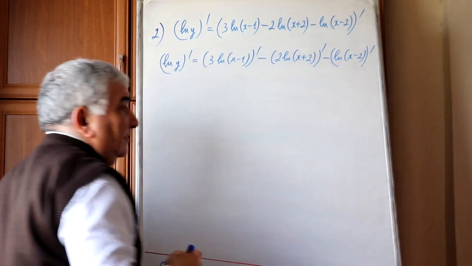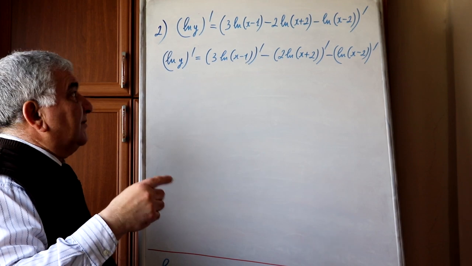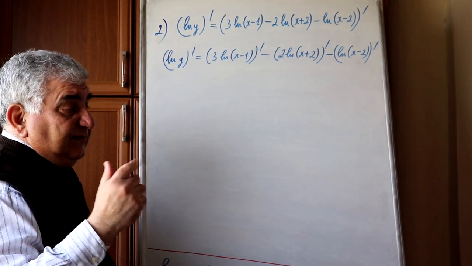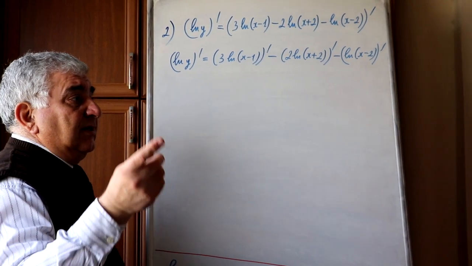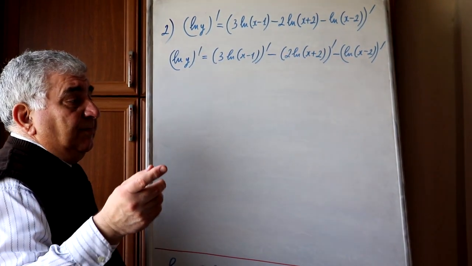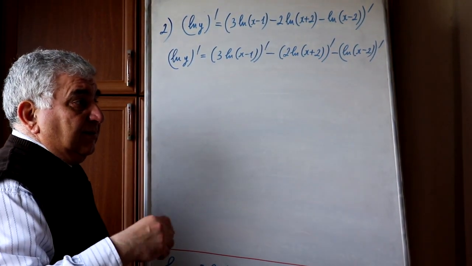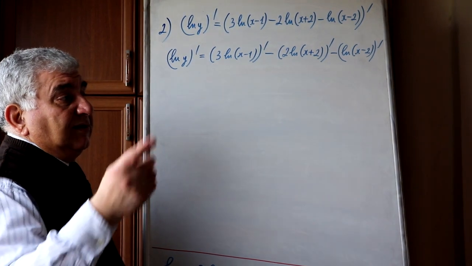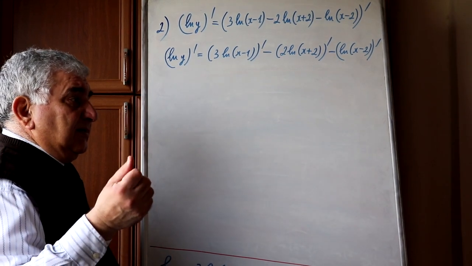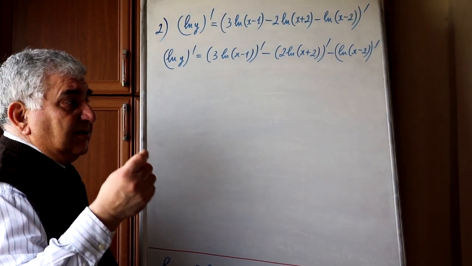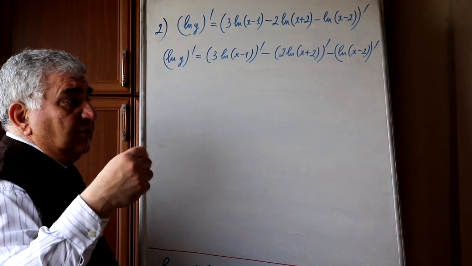Then also you know that the constant factor can be taken out of the derivative symbol. Also the constant factor can be taken out of the limit symbol, out of the differential symbol, out of the indefinite integral symbol, and also out of the definite integral symbol. Therefore, taking out the constant factor is a universal property.